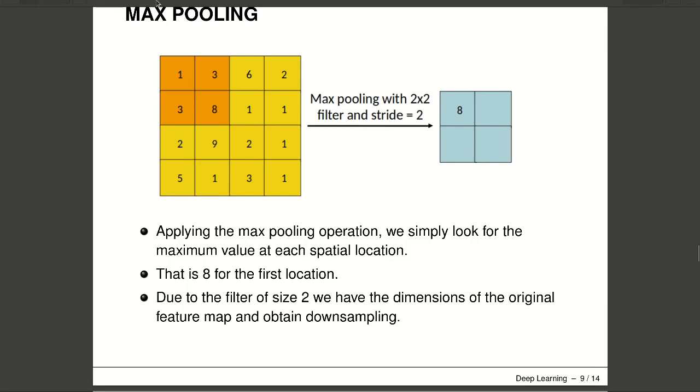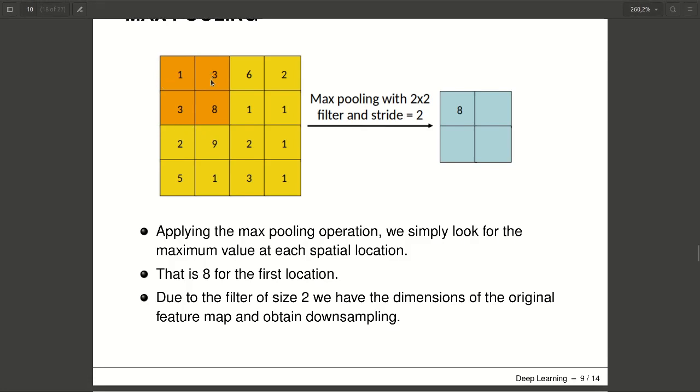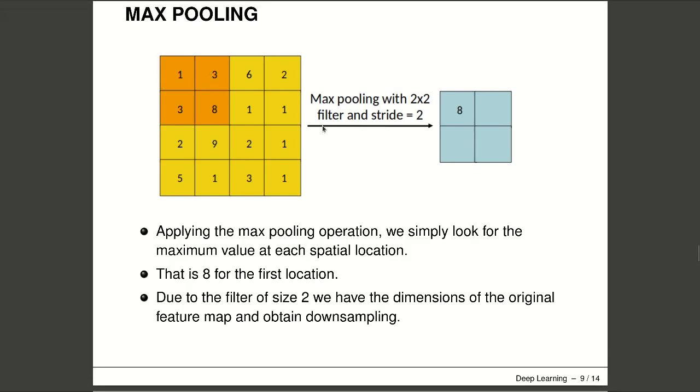As you can see here is max pooling, where we apply a pooling size of 2 by 2 with a stride of 2. Similar to convolution, we will get an output feature map of 2 by 2. Here our pooling operator is max pooling. In the selected max pooling window, we take the maximum value and move it to the feature map.